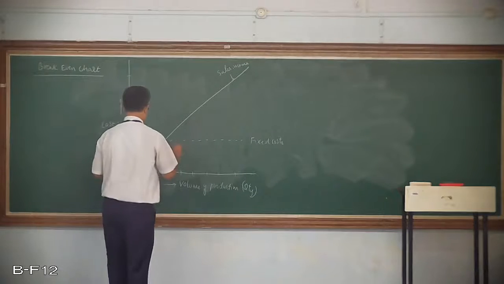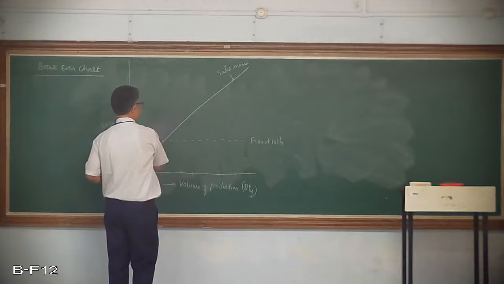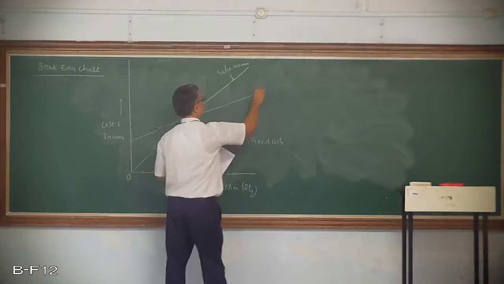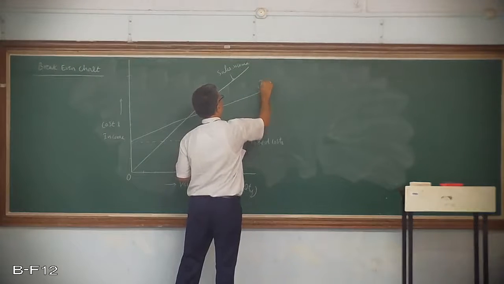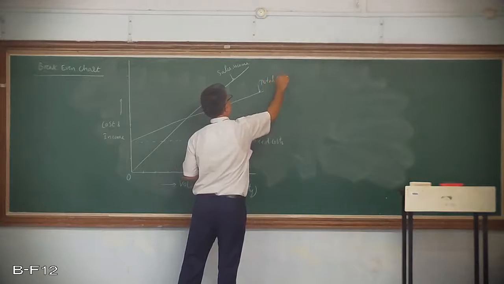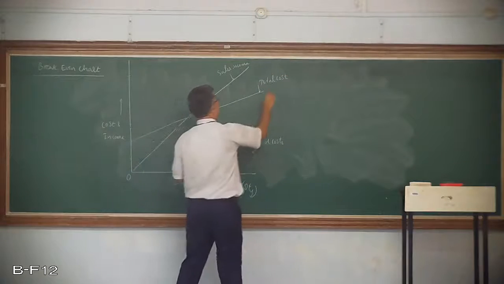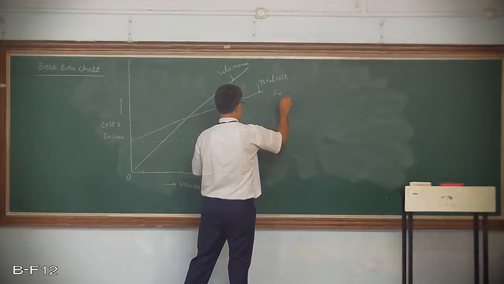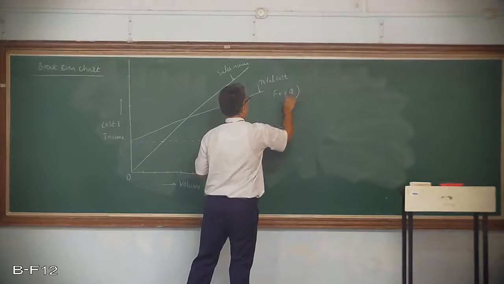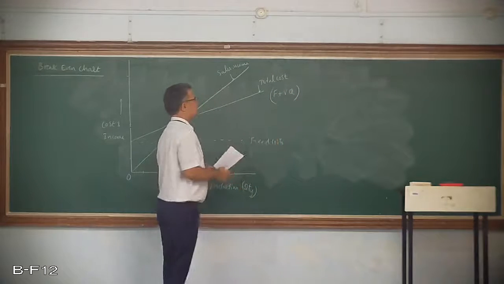From here the total cost starts. So this indicates the total cost. This is nothing but fixed cost plus VQ, that is variable cost and quantity.